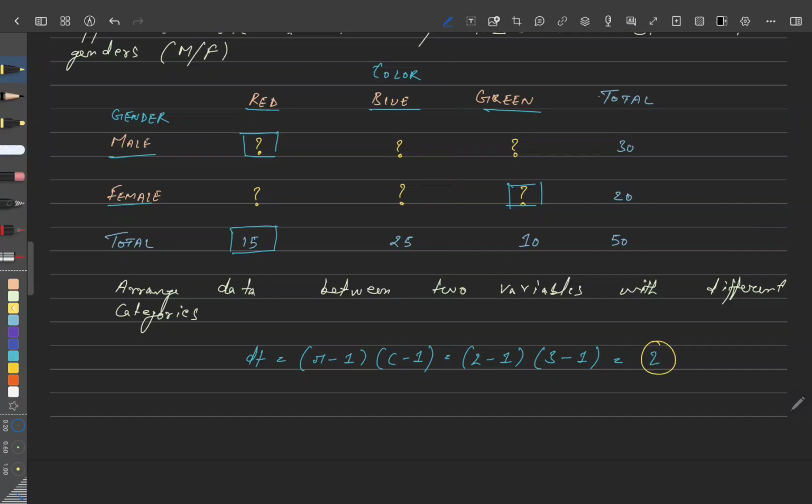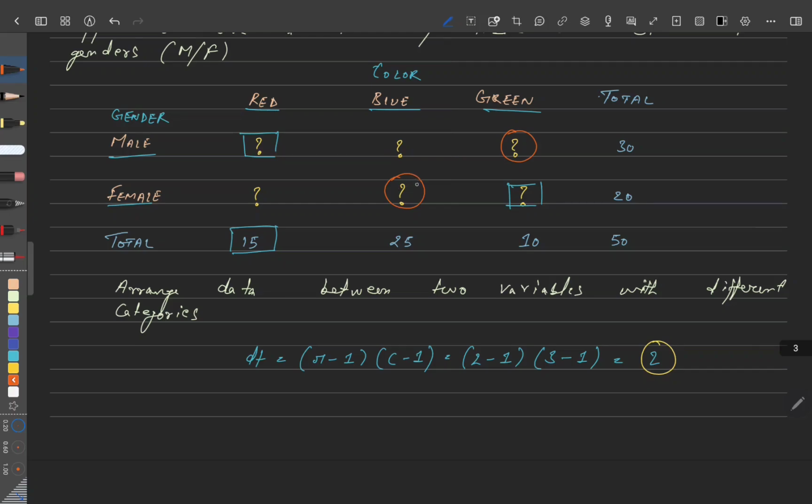So we got degrees of freedom is 2, but what does it actually mean in this particular case, or in case of two-way tables? So what it means is that if I am able to find the values of any two cells, for example this or this, then I will be able to find the values of other cells automatically.